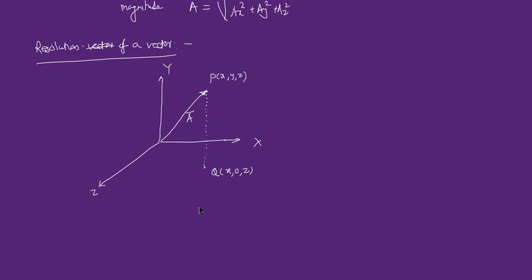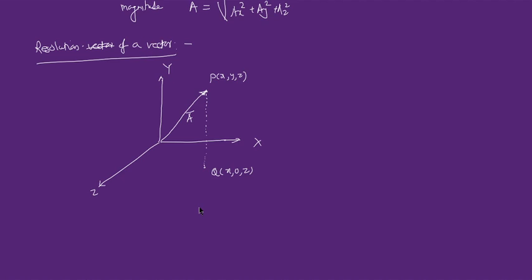So I got AZ, this is AX, and similarly I can draw a perpendicular from this tip onto the y axis, and this gives me AY bar. So I got AZ bar, AX bar, AY bar. These are called the resolved components of vector A bar along three different directions.